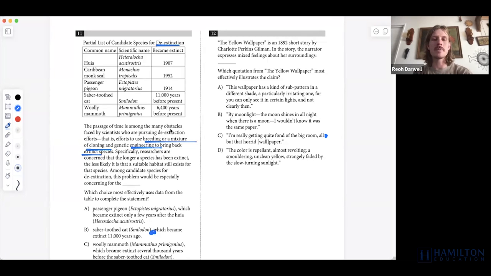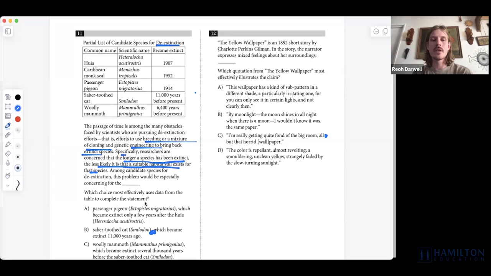So there's a bunch of obstacles, but what is the most important one we see? Specifically, the longer a species has been extinct, the less likely it has a suitable habitat. So de-extinction is tough for the older species, the longer they've been extinct, because we don't know where they'll be able to live, right? There's no suitable habitat for them.